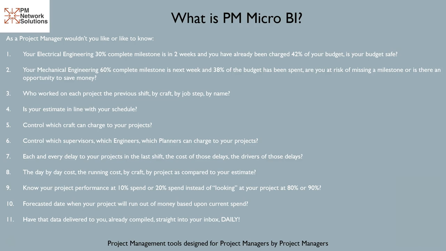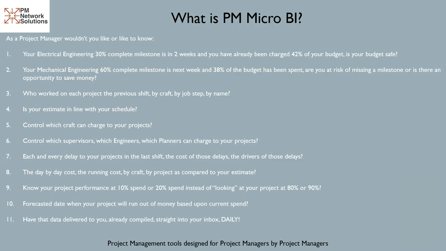Who worked on each project the previous shift by craft, by job step, by name? Is your estimate in line with your schedule? Control which craft can charge to your projects. Control which supervisors, which engineers, which planners can charge to your projects. Each and every delay to your projects in the last shift, the cost of those delays, the drivers of those delays.